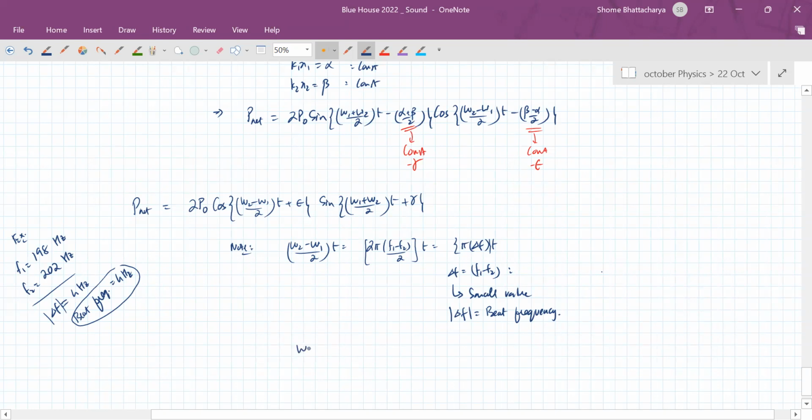Whereas omega 1 plus omega 2 by 2 is basically equal to 2 pi into f1 plus f2 by 2. So it is 2 pi into, you can say, f average. Here for this one, it will be 200 hertz.